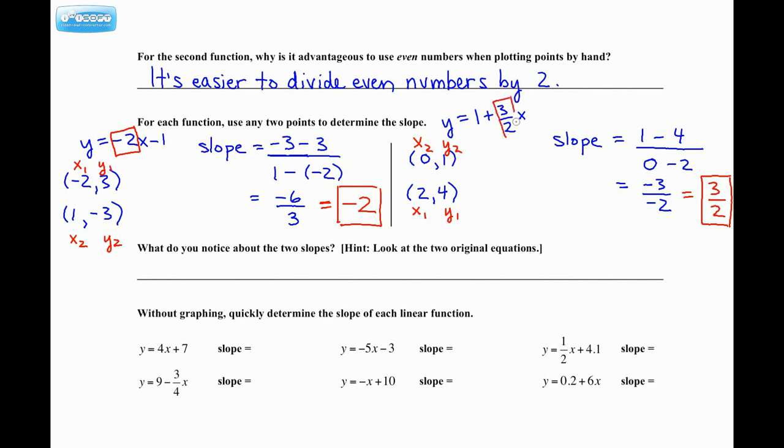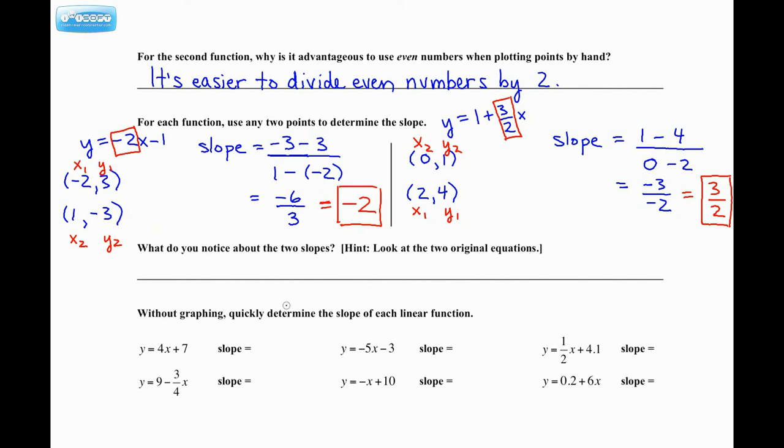It appeared in the original equation. And in both cases, it was the number in front of the x. It was what was multiplying x. So it had nothing to do with this number here, the 1 and the negative 1. So perhaps in the future, if we see an equation like this, we can just read it and tell what the slope is without actually having to pick points and plot them and calculate them directly.